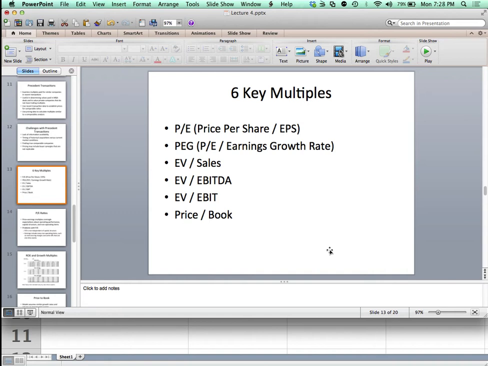Now, if you think about it, the biggest driver of PEG is ROIC. Because if growth and ROIC drive value, and PEG says how much am I willing to pay for growth, why would I pay more for growth? Because go back to what we had talked about earlier this semester, if at the same level of earnings I generate more free cash flow, that makes me more valuable.